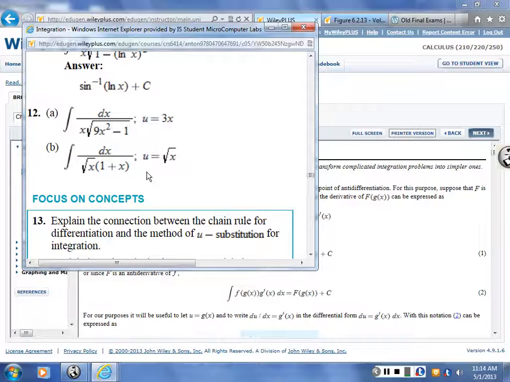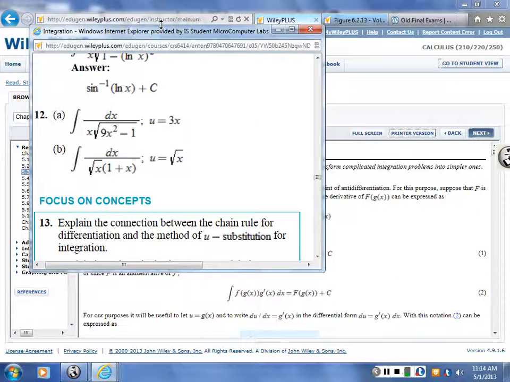So let's write this real quick: the integral of dx divided by x times the square root of 9x squared minus 1.